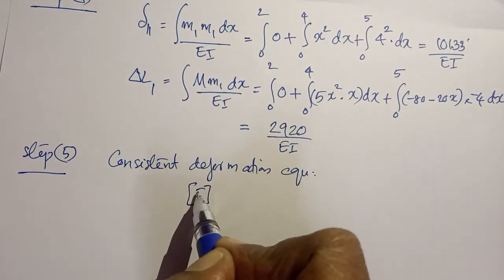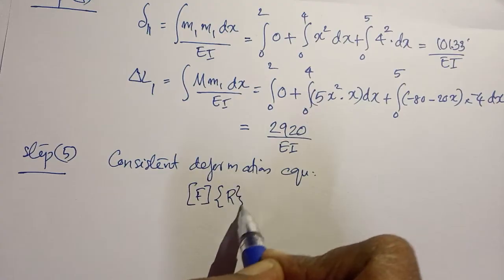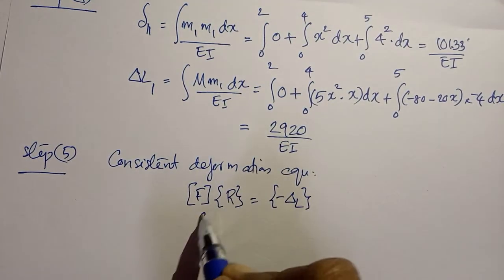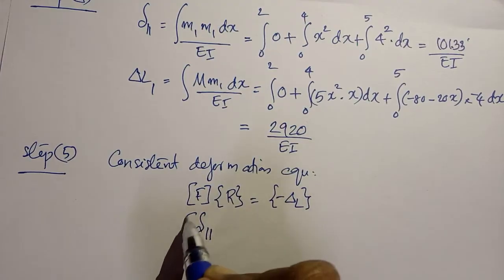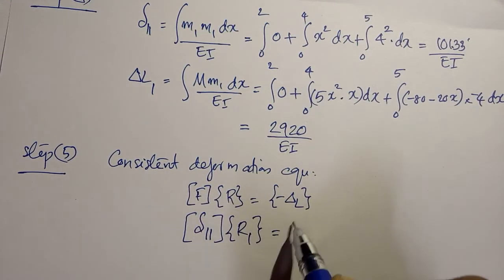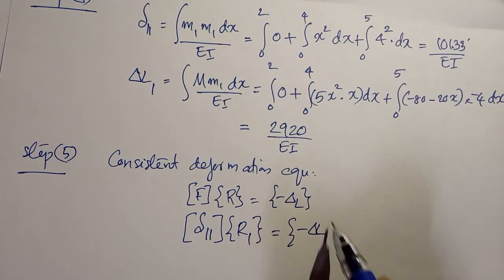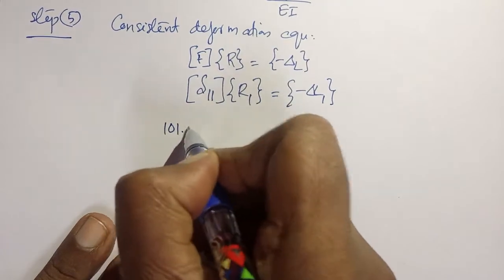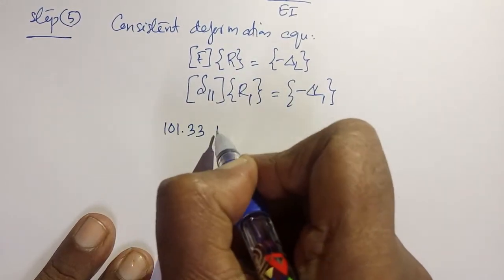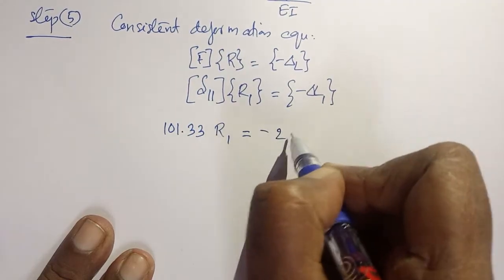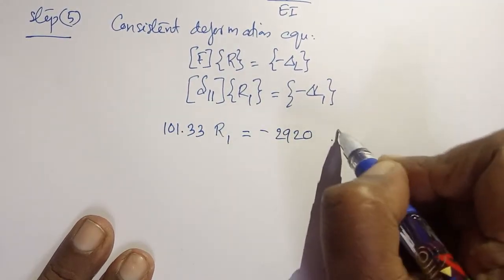Consistent deformation equation: F into R is equal to minus delta L. Here there is only one unknown, so delta 1,1 into R1 is equal to minus delta L1. 101.33 R1 is equal to minus 2920.